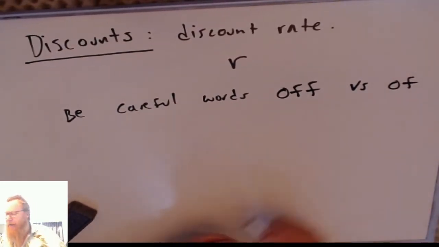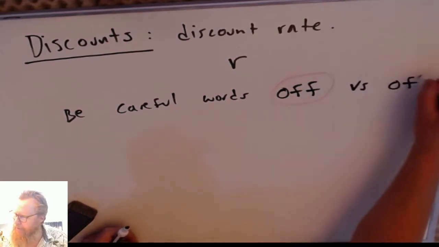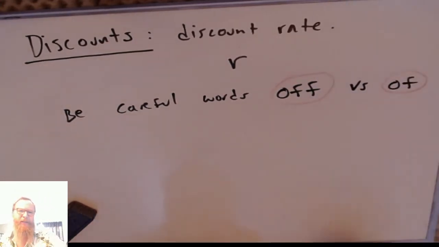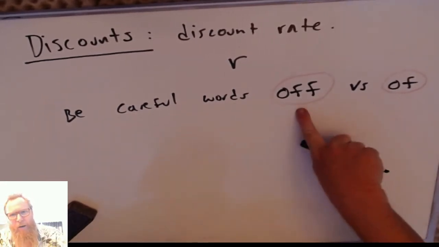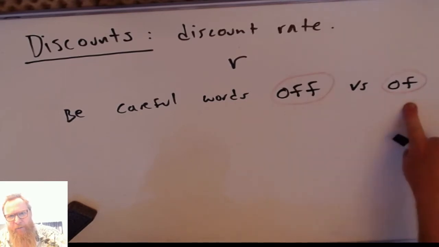Really have to be careful with these words, off versus of. And it might sound like, really? I have to be careful? Well, I know the difference between off and of, but look at how similar they are. Off, O-F-F, of, O-F. And they mean completely different things, yeah?